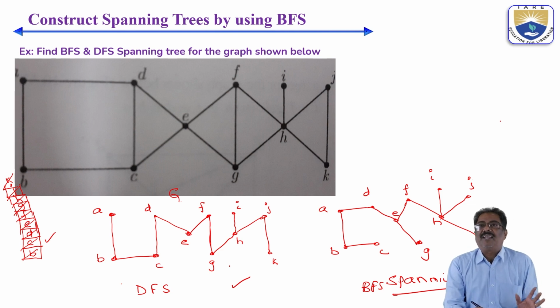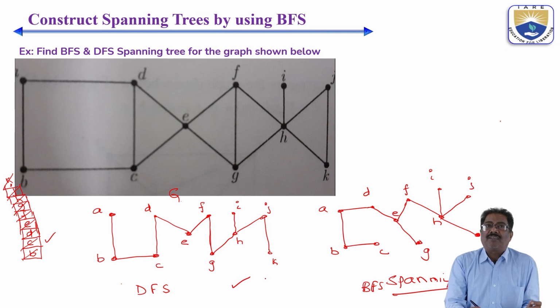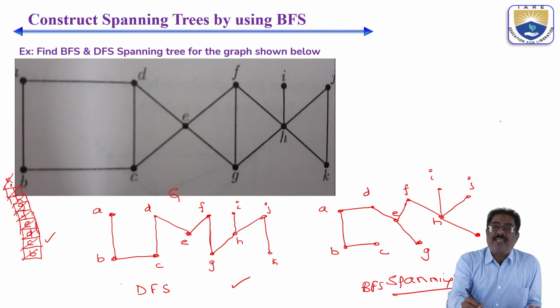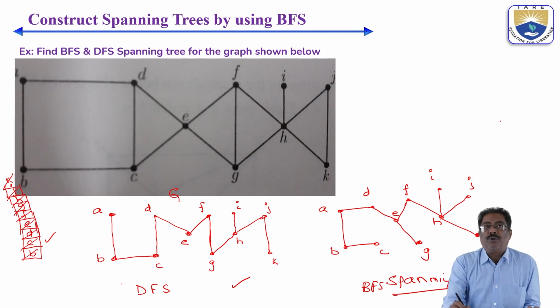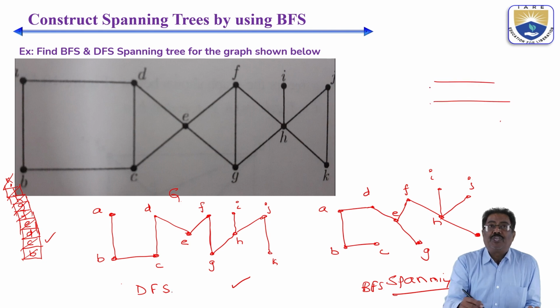That is DFS. But for BFS, we are going to consider a queue. While considering a node, from that node we take all the adjacent vertices, make them visited, and keep them in the queue.